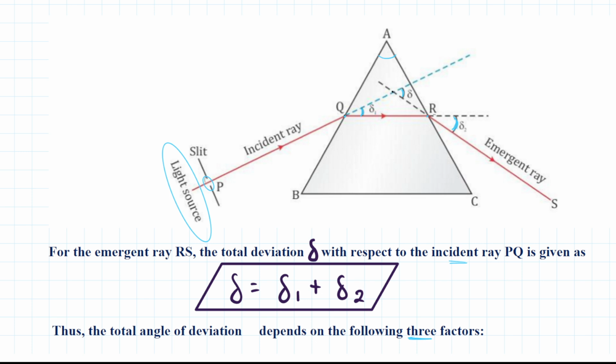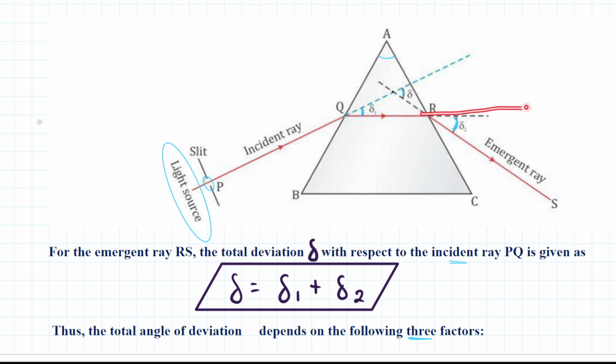On striking the second surface AC, the ray QR gets further deviated by an angle delta 2.